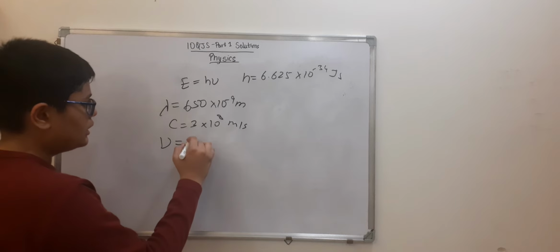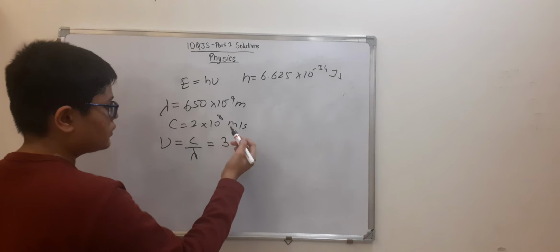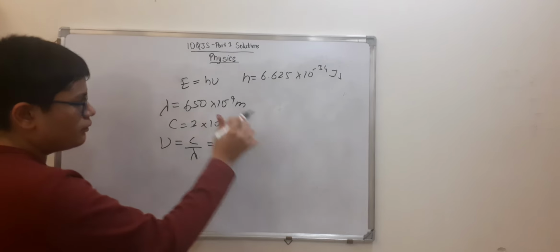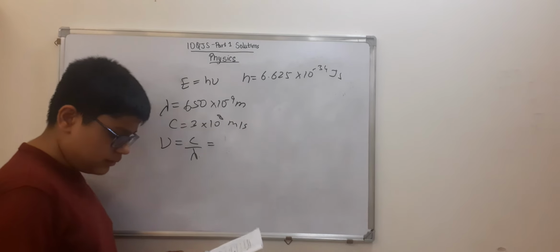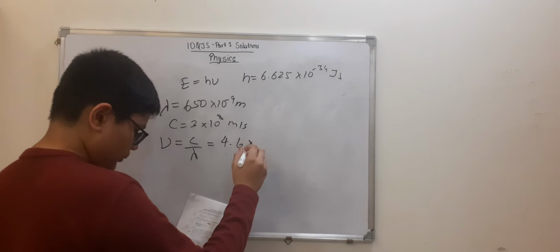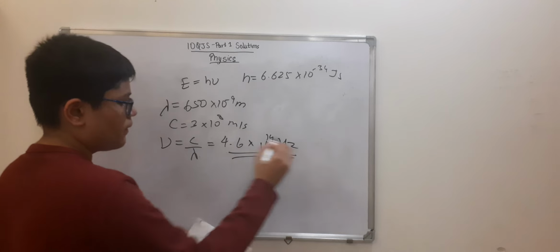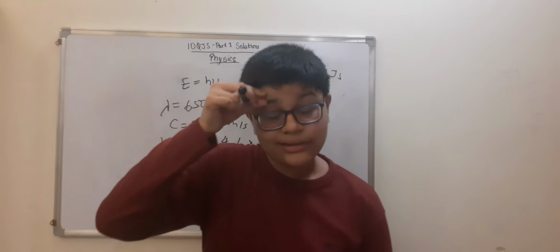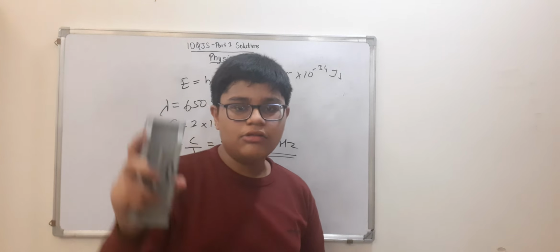So frequency is equal to c upon lambda, which is equal to 3 into 10 to the power 8 upon 650 into 10 to the power minus 9. If you divide it, you will get 4.6 into 10 to the power 14 hertz. That's option A. So option A will be correct.